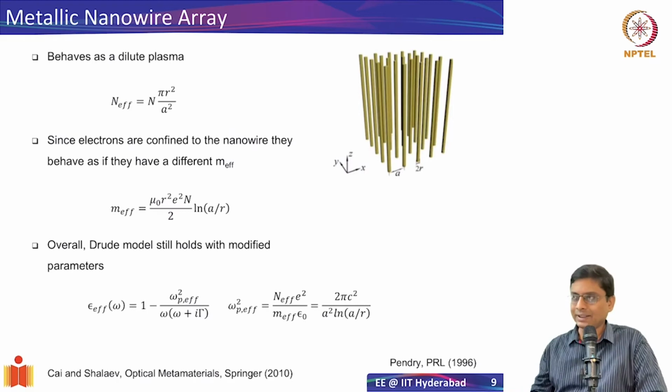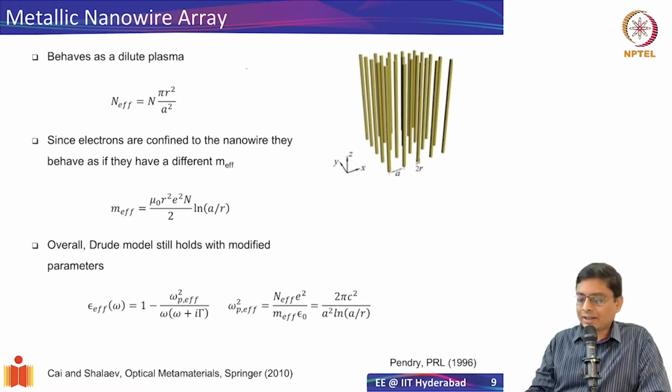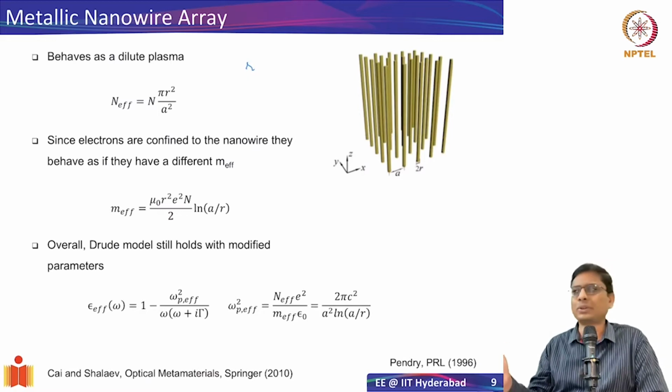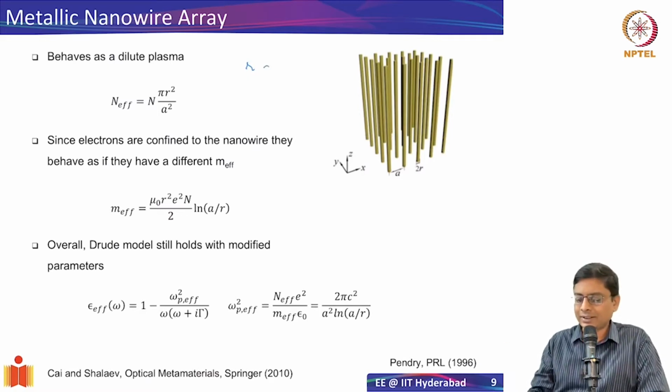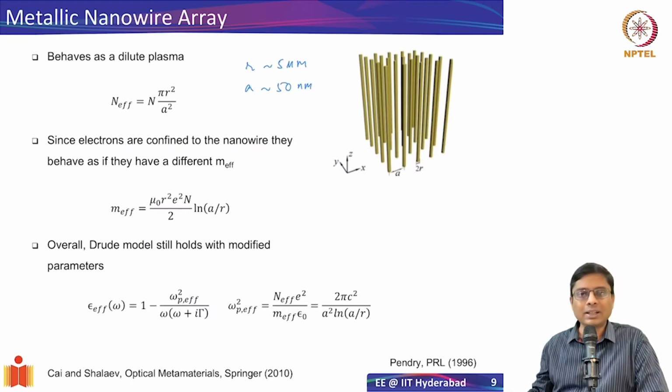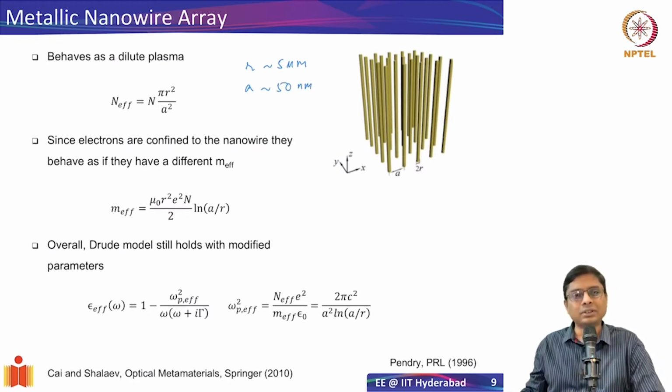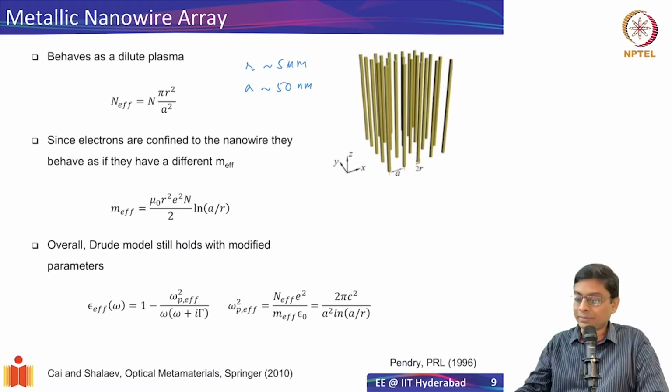For example, in the 70s and 80s they wanted to engineer the dielectric response. So what they would do is take R roughly in the range of a few microns, let's say 5 microns, and then take the periodicity to be very large, so in this case let's assume about 50 nanometers, sorry, not 50 nanometers, 50 millimeters.